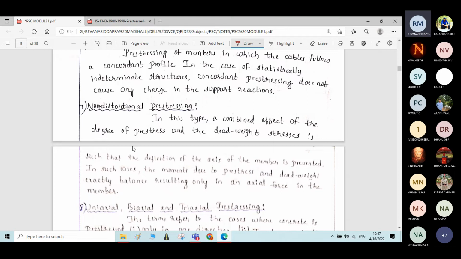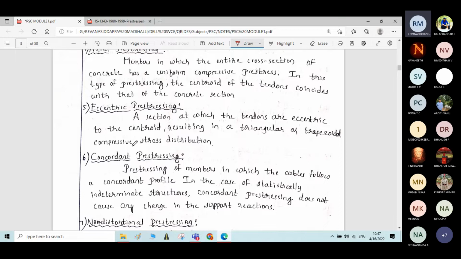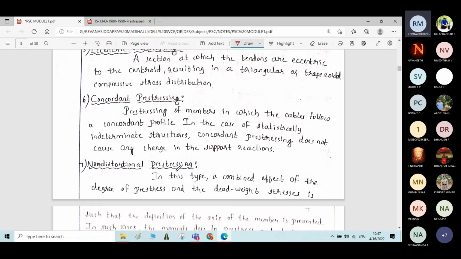The next terminology is non-distortional prestressing. Non-distortional prestressing means the resultant stress caused by the dead load of the beam and the prestressing force, if it is zero, then it is called non-distortional prestressing.